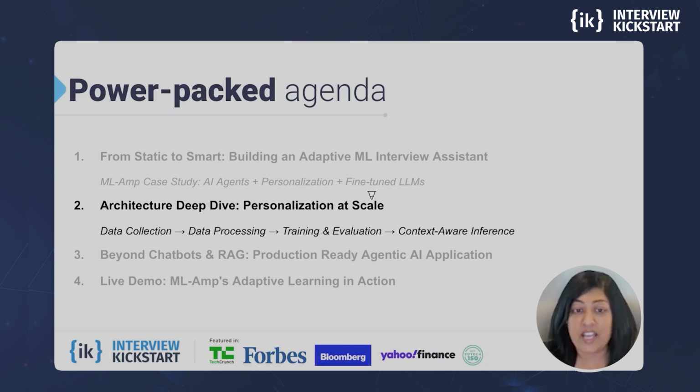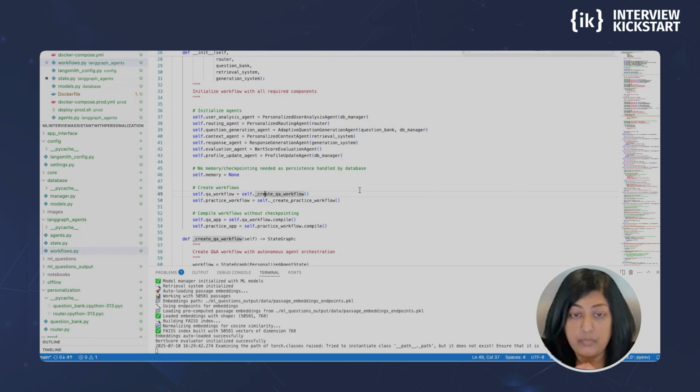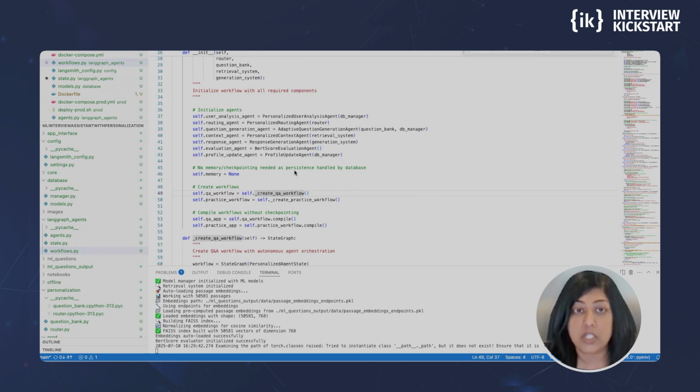Okay, so let's look at some of the code snippets of the AI agents being orchestrated in the LangGraph workflows. We've just covered in part 1 how MLAMP has been stood up as an agentic AI application with LangGraph workflows, and these LangGraph workflows are orchestrating a bunch of these 7 or 8 agents all working together.